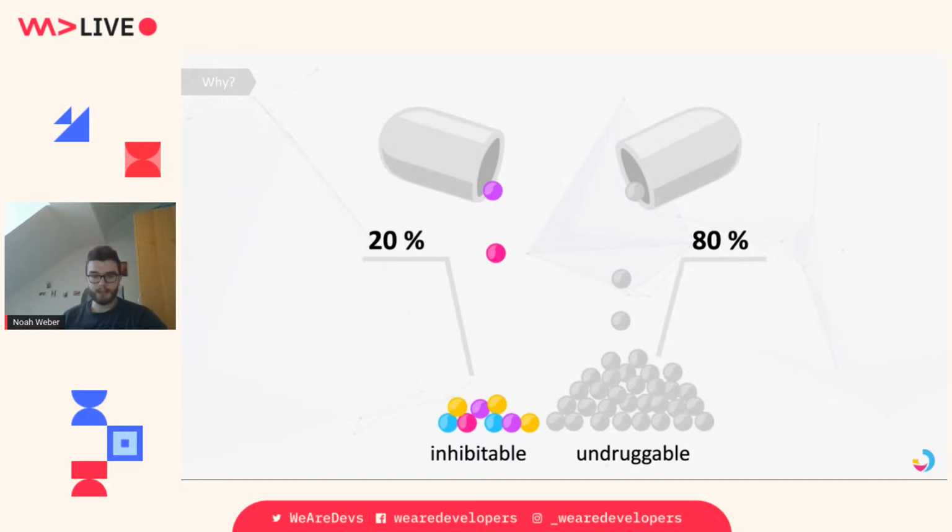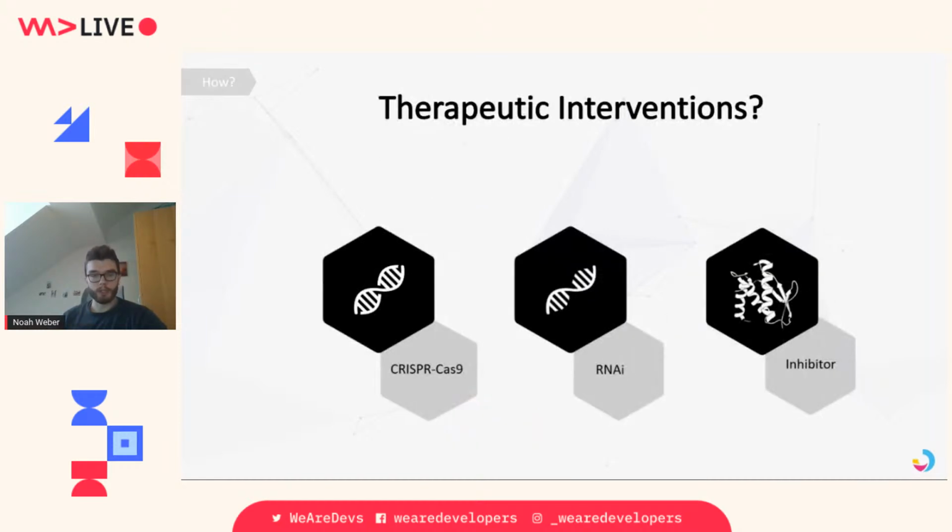And exactly this technology of degradation is what we are trying to automate with AI. But coming back shortly to the possible therapeutic solutions or interventions in this regard, we have the DNA approach, CRISPR-Cas9, where we can edit out the gene, the RNA intervention approach, RNA interference, or the inhibition of the protein that's associated with the disease.